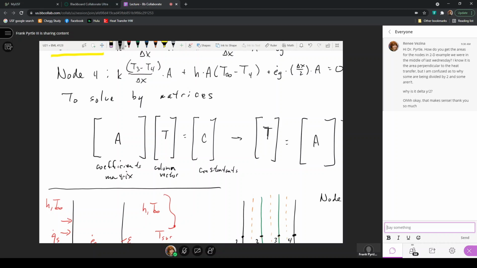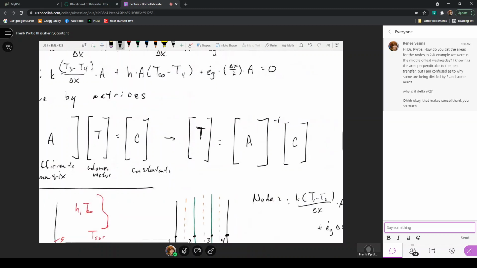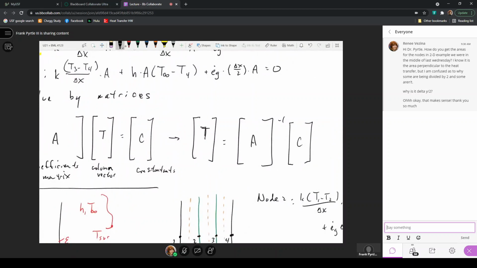So the equation for node 1, all the way down to the equation for node 19, would have all these coefficients, and then the constants, which would be based on those things that were constant in the equation, moved over to the right-hand side, so that we could take the inverse of that coefficients matrix multiplied by the constants, and that would give us the temperatures for each one of those individual nodes.